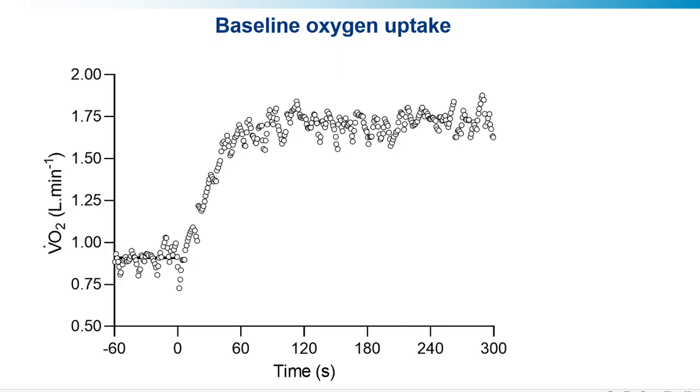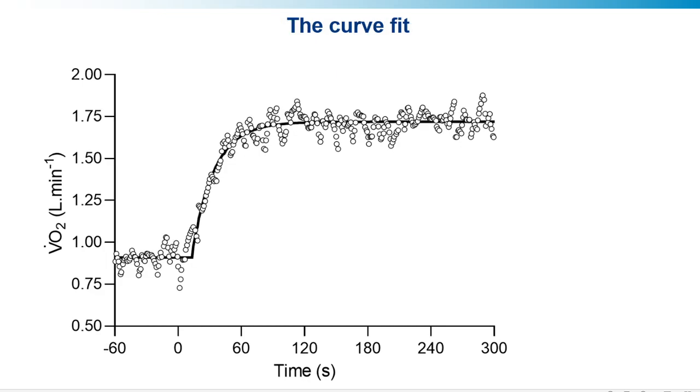So we might say the amplitude is going to be 2 liters per minute, the time constant is going to be 30 seconds, and the time delay is going to be about 15 to 20 seconds, something like that. We put that in there, and then it goes through an iterative fitting routine to try and get the best fit from those initial parameters. And it will then change those parameters until it minimizes the sum of squares. And then it will do something like this. And so you get a reasonably nice fit to the data. That's your curve fit.